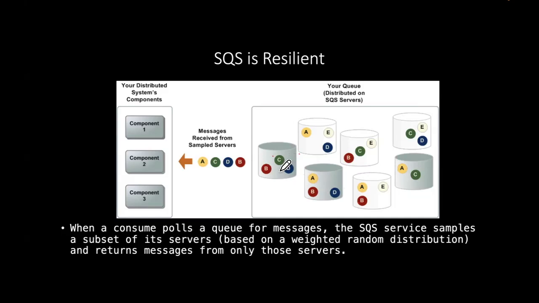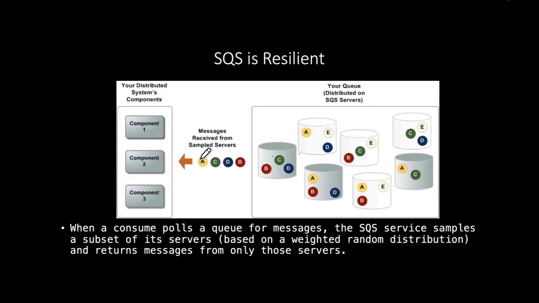And if there happen to be duplicates within any of those messages, it will ignore the duplicates. When I'm talking about duplicates here, this has nothing to do with the point I made earlier, which was that in very rare cases your consumer may receive duplicate copies of the same message.